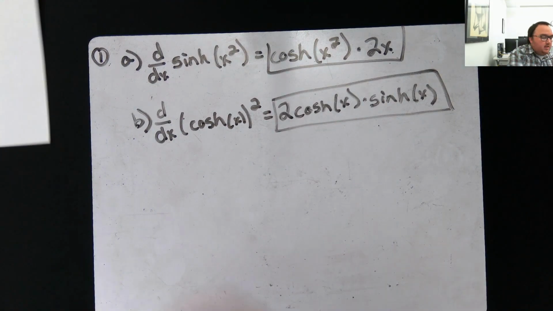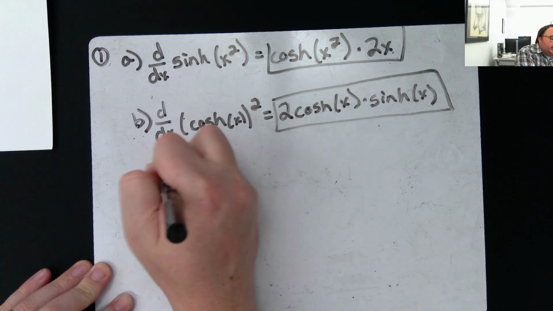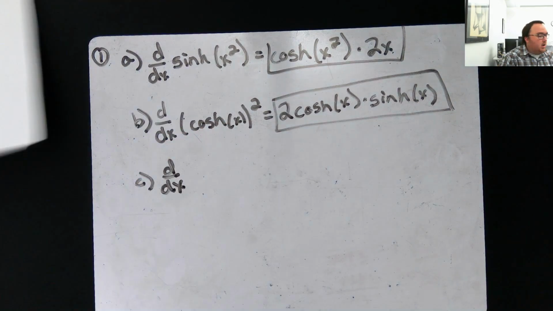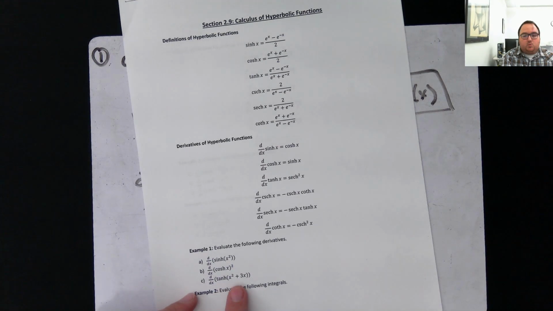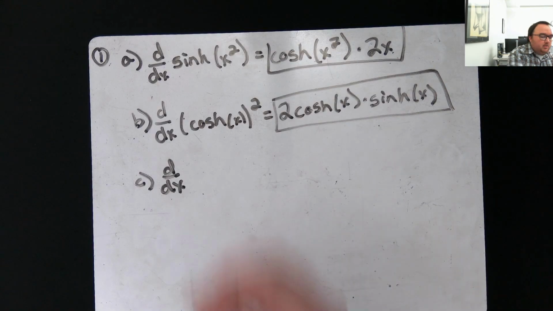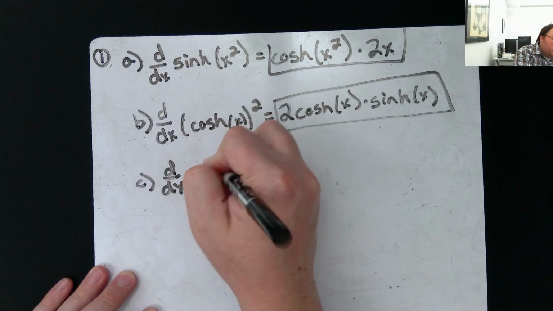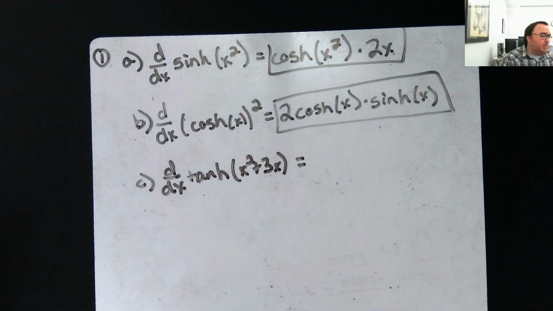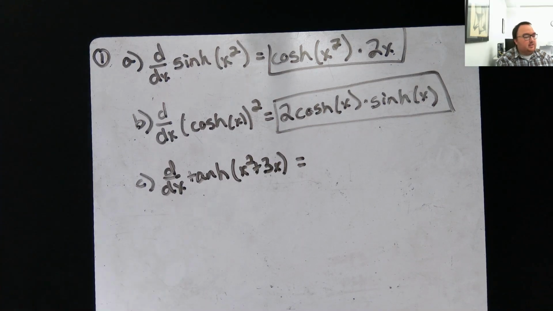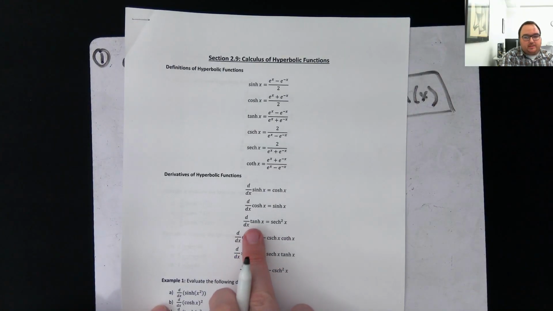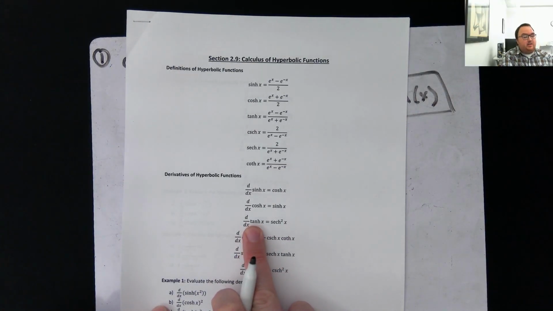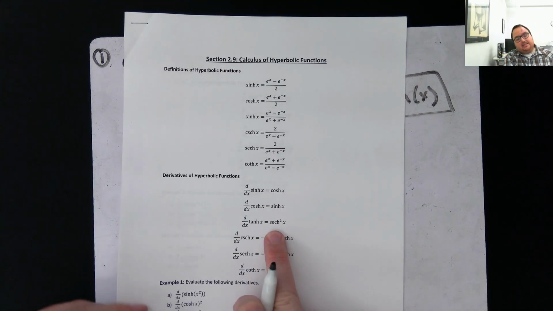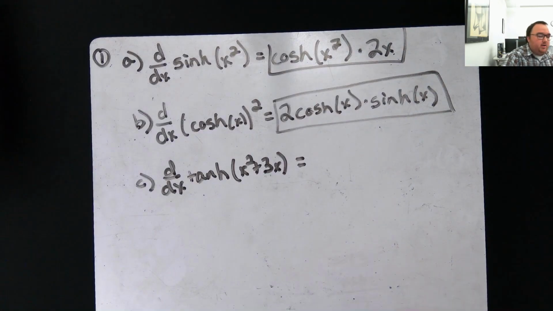And then 1c asks us to find the derivative of hyperbolic tangent of x squared plus 3x. The outermost part here is the hyperbolic tangent. The derivative of hyperbolic tangent is hyperbolic secant squared.